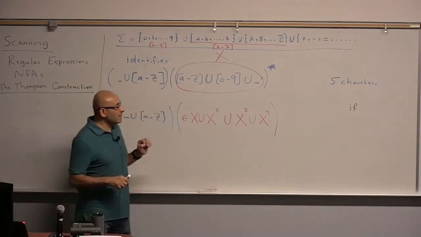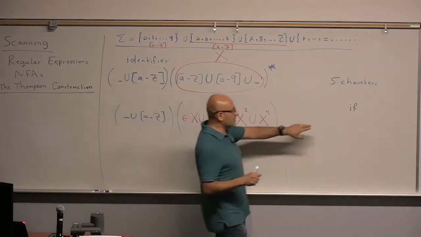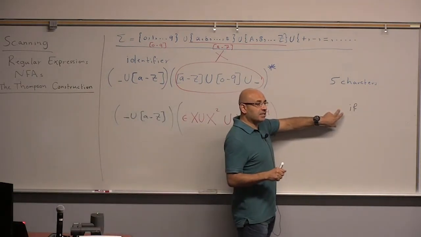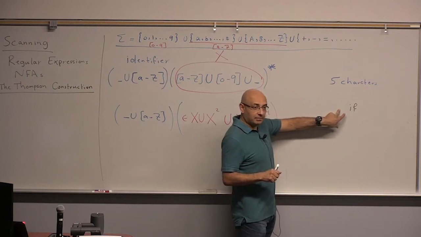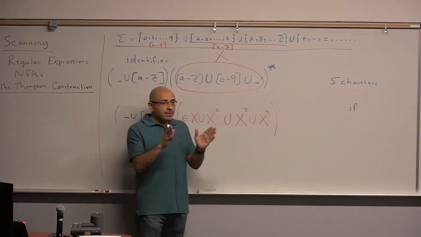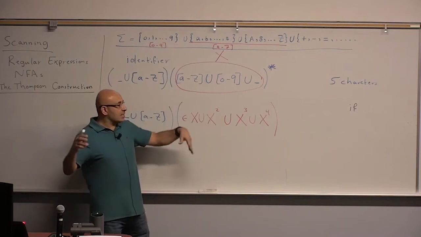So recognizing a keyword is trivial. The regular expression for a keyword is the keyword itself, but the regular expression for the entire language is just the union of them.